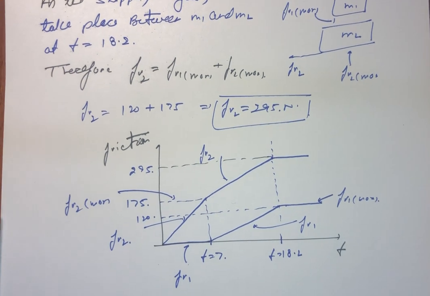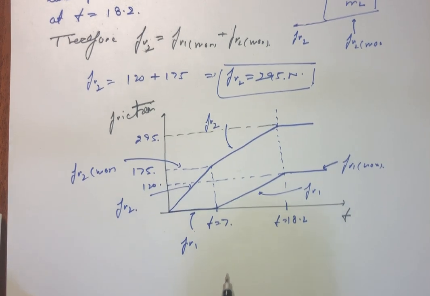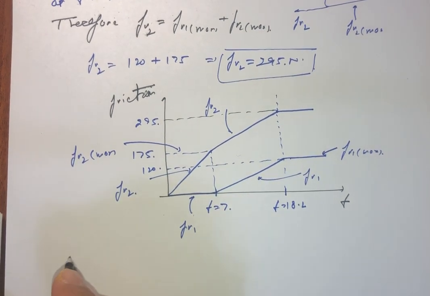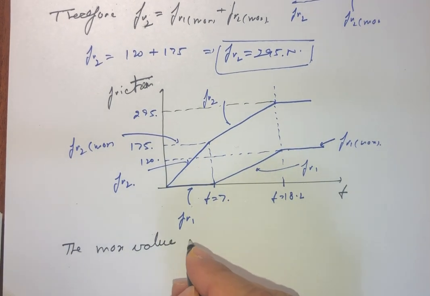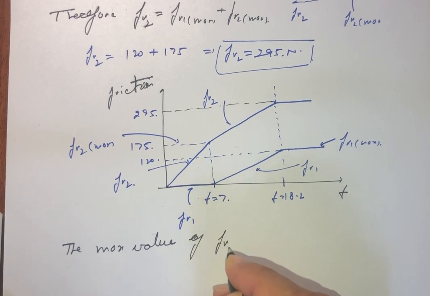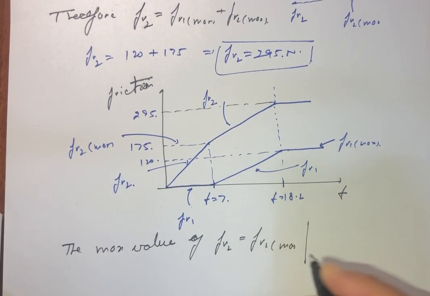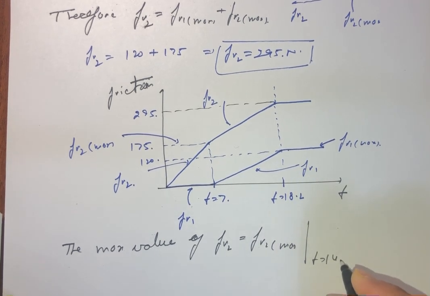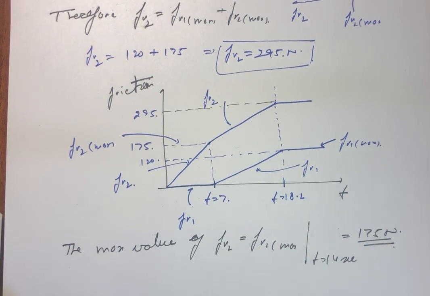So we can say that the maximum value of FR2, which is equal to FR2 max at t is equal to 14 seconds, is given as 175 newtons.